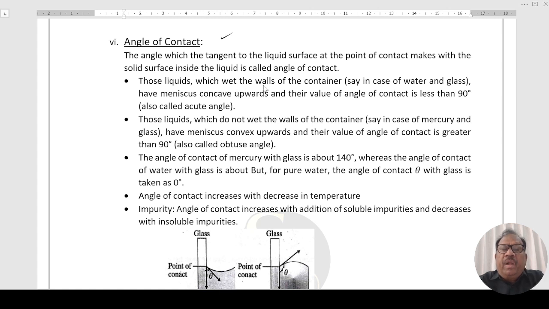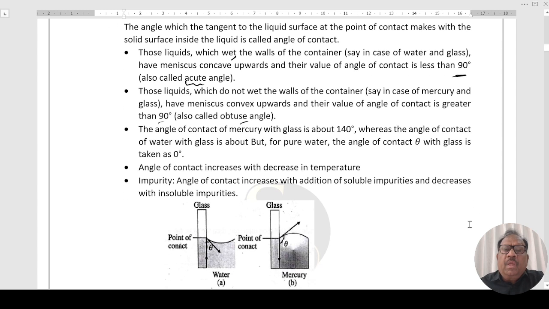Those liquids which wet the walls of the container, say in case of water and glass, have meniscus concave upwards and their angle of contact is less than 90 degrees. If the angle of contact is acute, wetting will be there. If the angle of contact is greater than 90 degrees, that is obtuse, wetting will not be there.